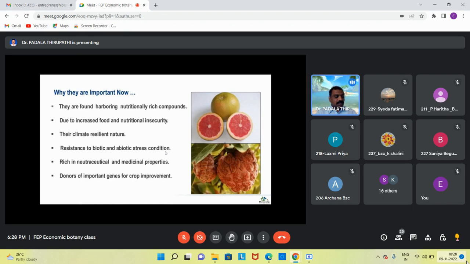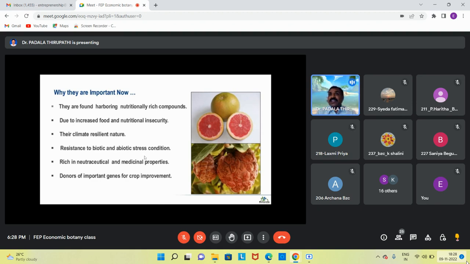We know that some wild fruit yielding plants are resistant to diseases. They are resistant to extreme abiotic stresses like salt stress, temperature stress, flood stress, water stress, and drought stress. Such stress resistant plants are available in forest regions.